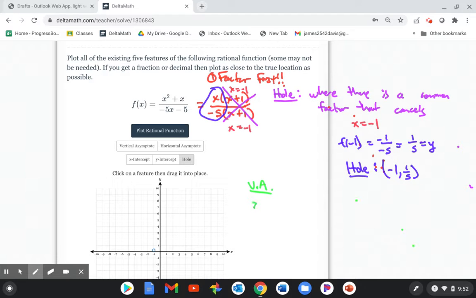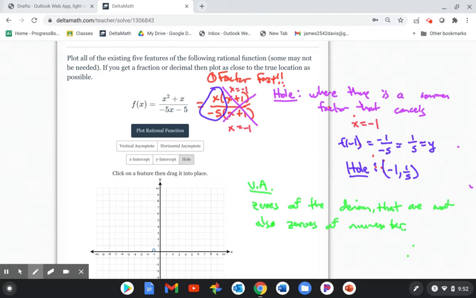For that one, we want zeros of the denominator. And as we said before, with this little condition, that are not also zeros of the numerator. Now what we've done is we've already canceled out the ones that are common.